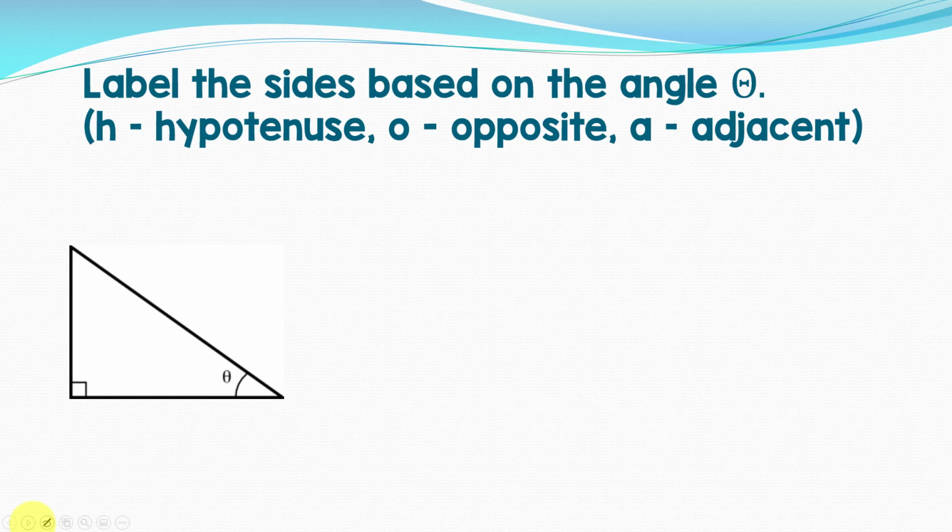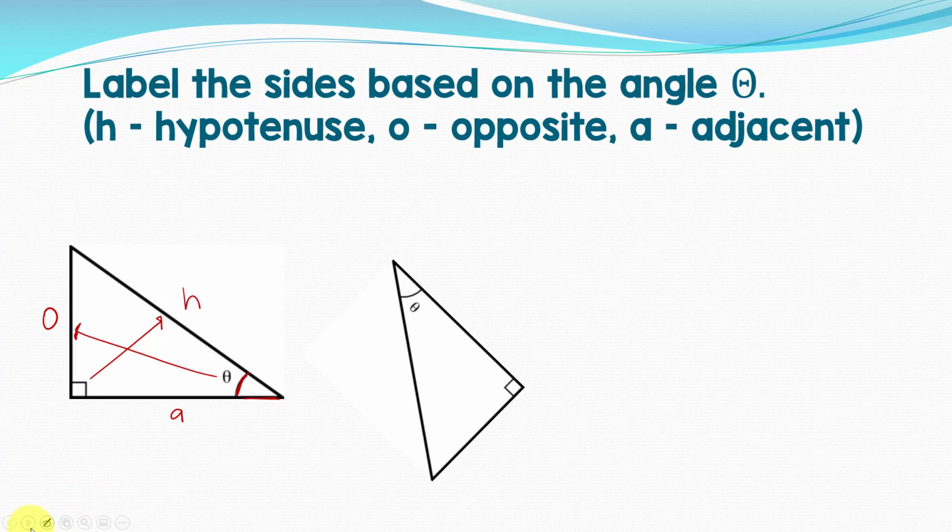All right, let's try this one. This is my angle theta that I'm looking at. This is angle theta, and so across from it would be opposite. Across from the right angle is hypotenuse, and next to me, I can touch it, is adjacent. Here are some more examples.